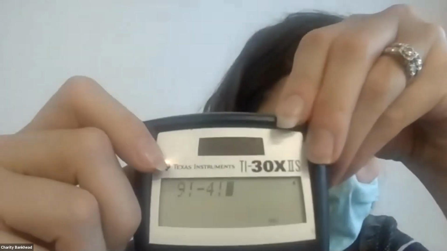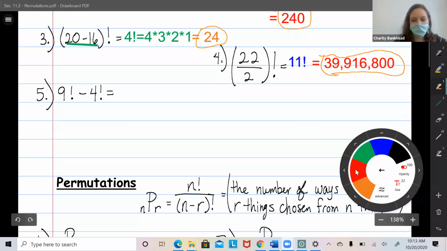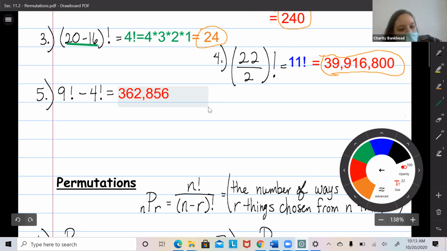Yeah, you just put it all in your calculator at once, and then just hit enter. So that is 362,856.